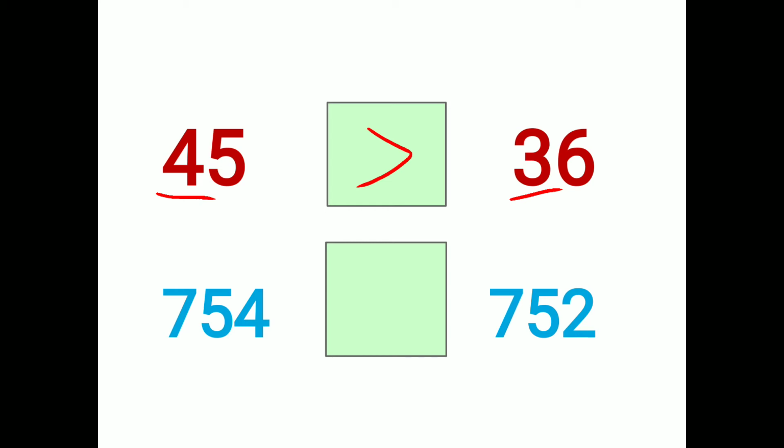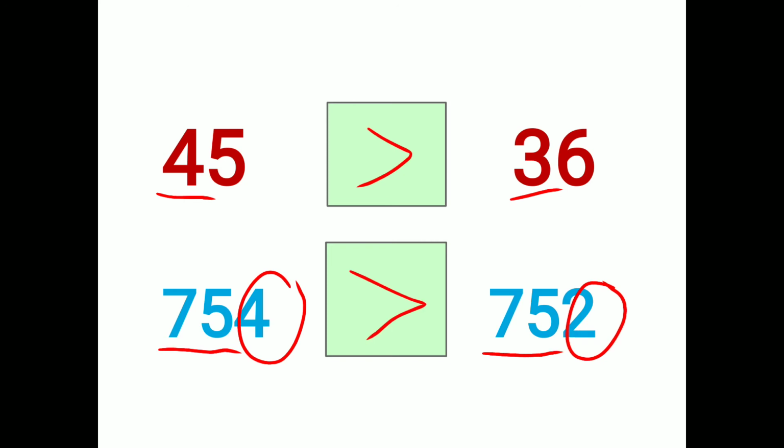As we can see, we have the same numbers in hundreds and tens place. So now we need to compare ones place numbers. Those are 4 and 2. 4 is greater than 2. That means 754 is greater than 752.